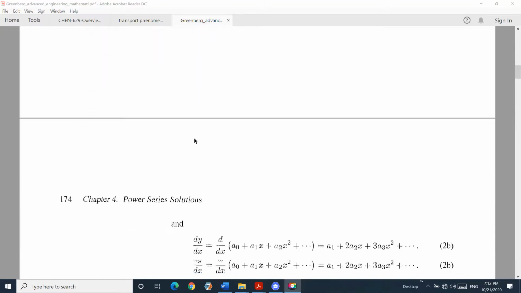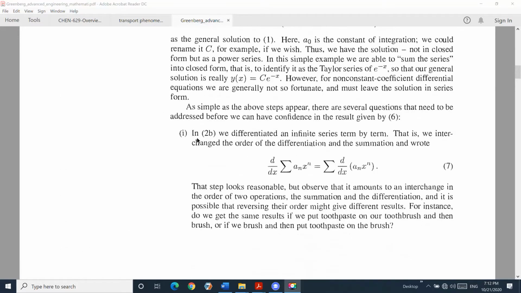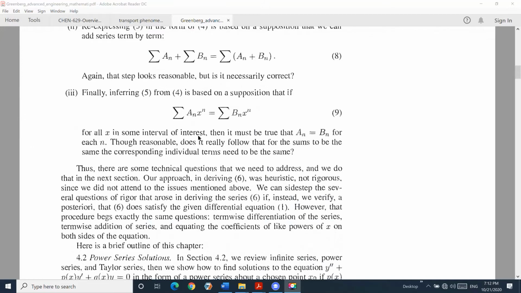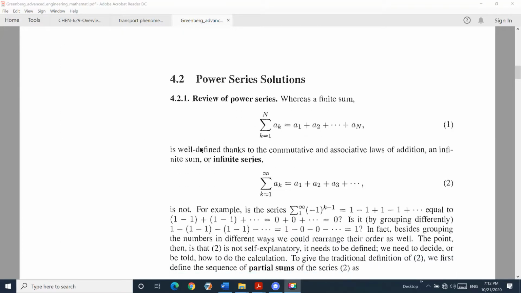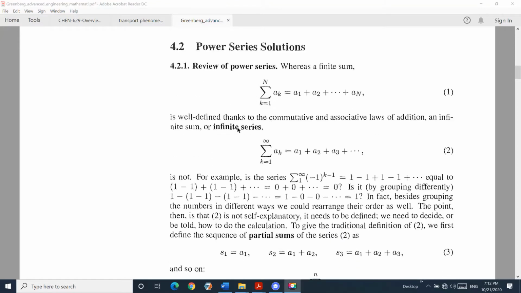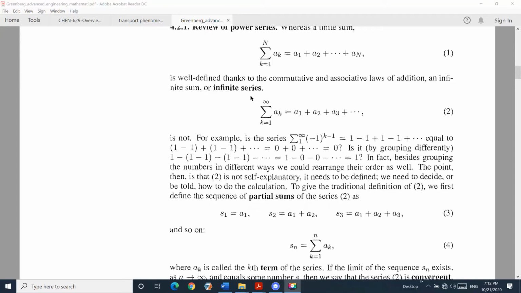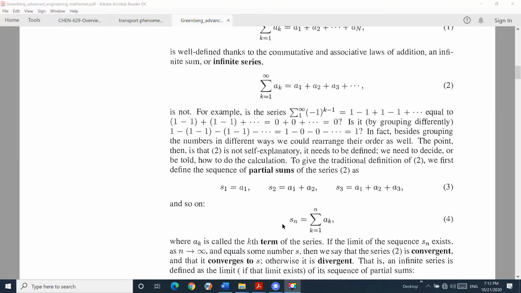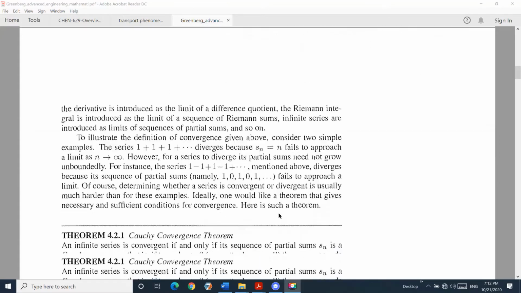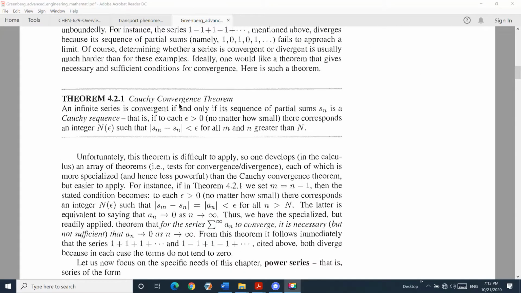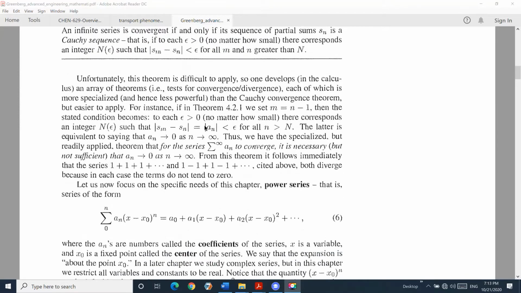So in chapter 4, the book basically gives some introduction to series, then gives an overview, a review of power series and infinite series, and some of the summation, the infinite sum concept and partial sum, and uses some basic theorems and the Cauchy convergence theorem of the series.